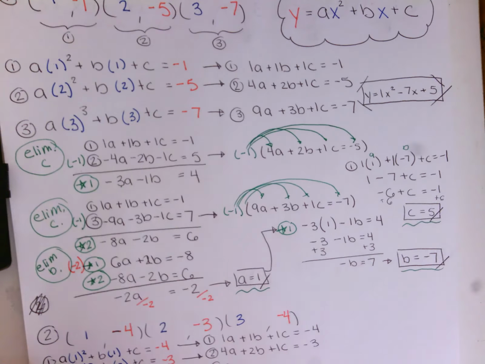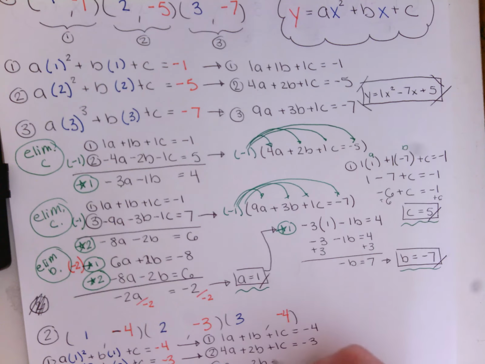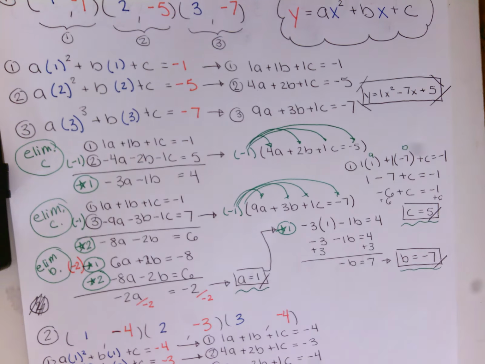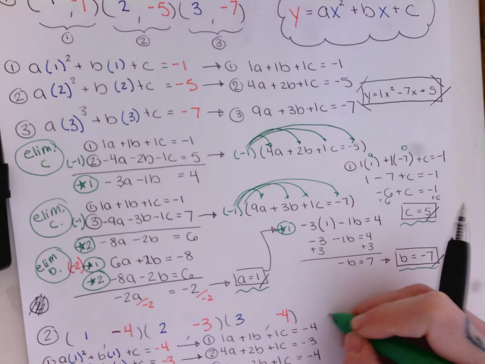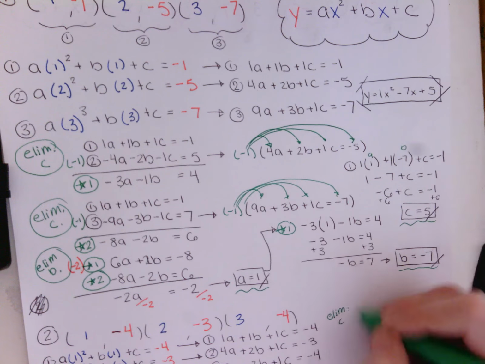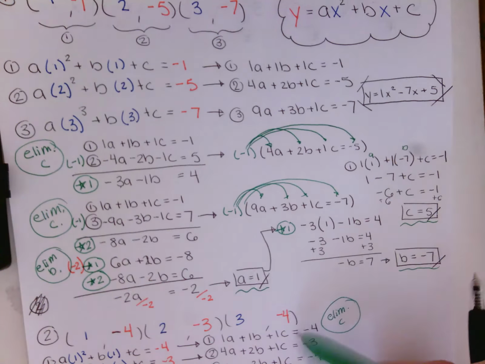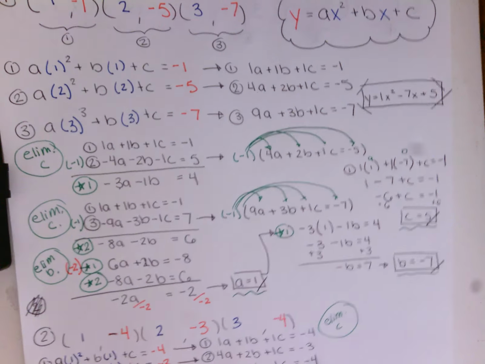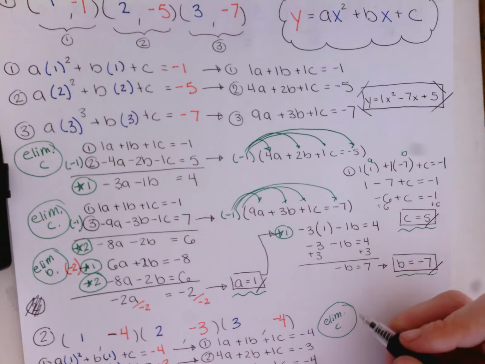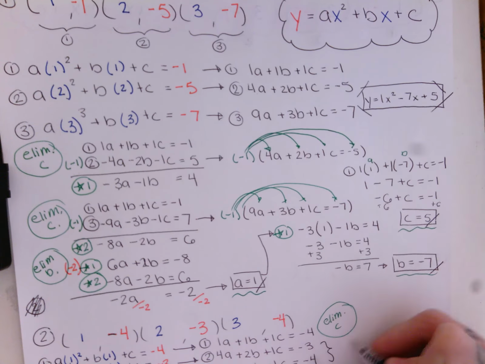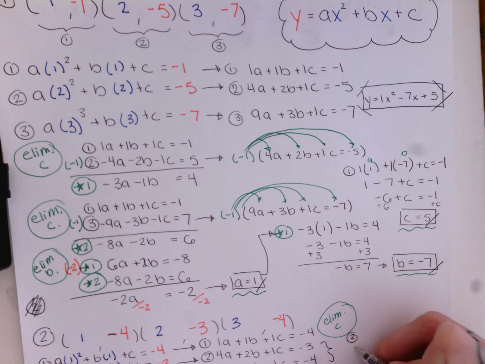It should be 3b plus 1c equals -4. Okay, again, I'm going to eliminate c. This is what makes sense because all I need to do is multiply one of these equations by a -1. Okay, so how about we just use 2 and 3 and work with the space that we have here.